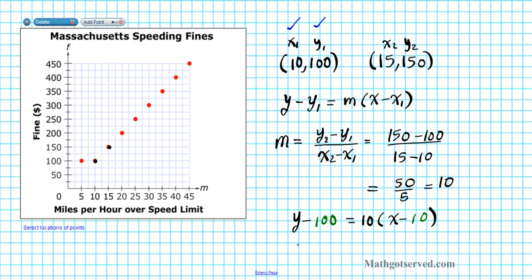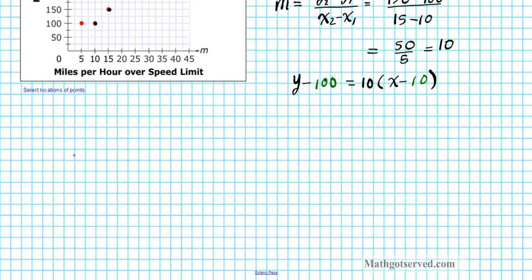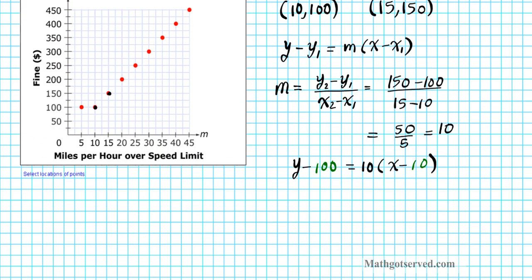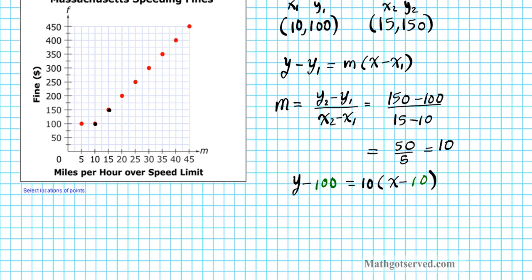Okay, now let's get y by itself. We can isolate y, so we can add 100 to both sides. Add 100, add 100, and then you have y equals 10 times x minus 10 plus 100.